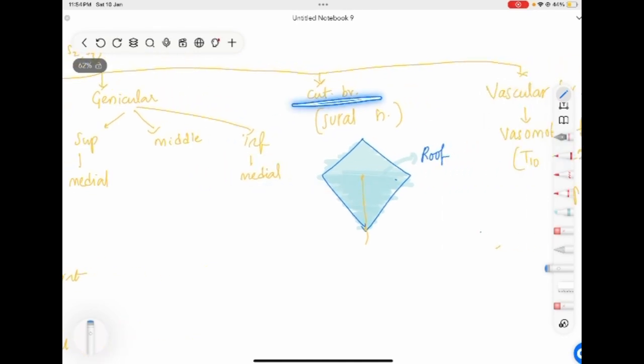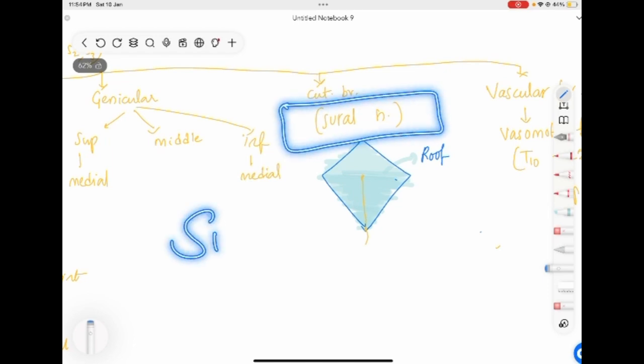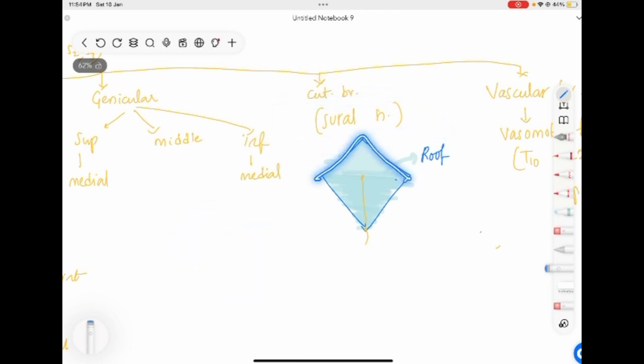Now we have the cutaneous branch, which is also known as the sural nerve. The sural nerve originates at the middle of the popliteal fossa, and it traverses vertically downwards, underneath the roof, and at the inferior angle of the popliteal fossa it comes out.